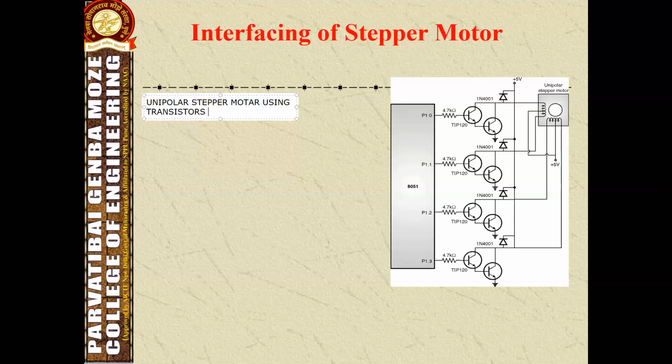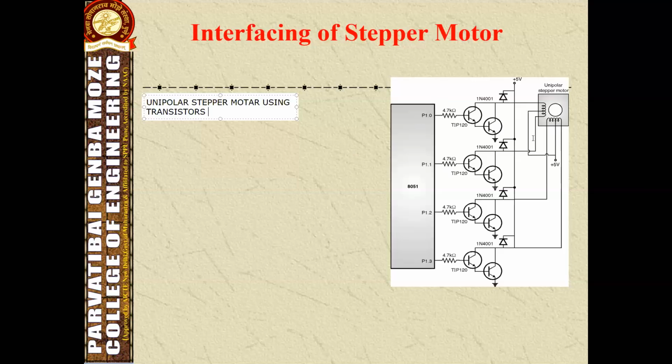These transistors are used to make the stepper motor run, because the 8051 is not sufficient to provide that much power. So a few Darlington transistors are interconnected between port 1 and the stepper motor, to provide high power to this unipolar stepper motor, and it will run fast. So this is the configuration.